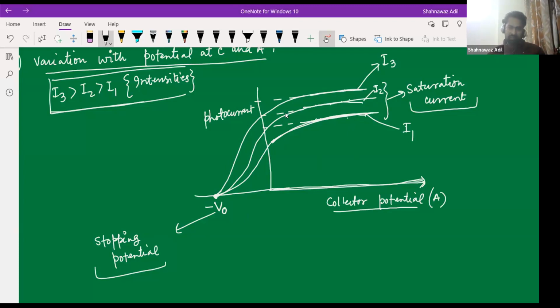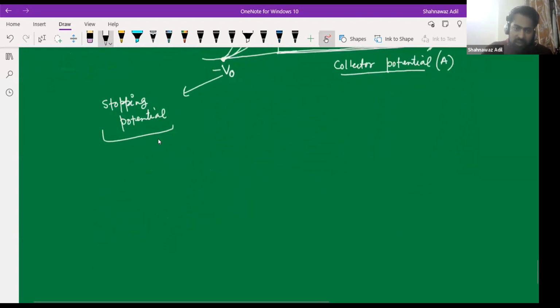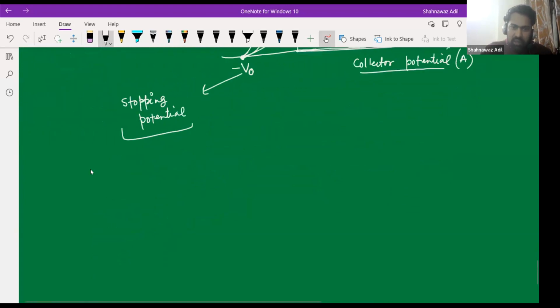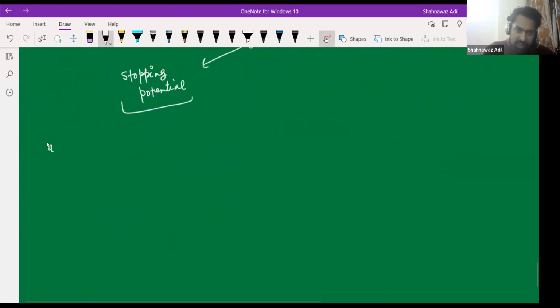Is that clear? So let us write these two things. One thing that we understood is saturation current.